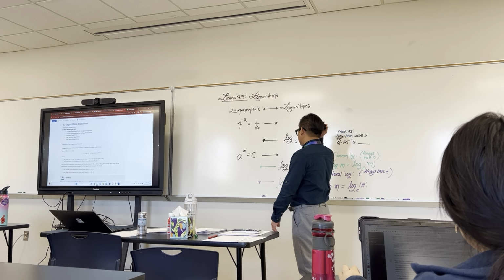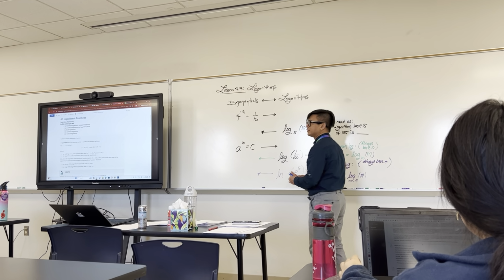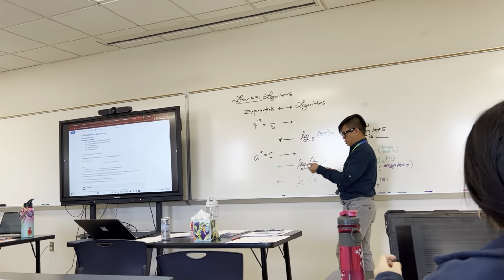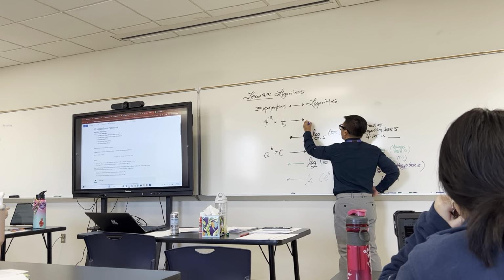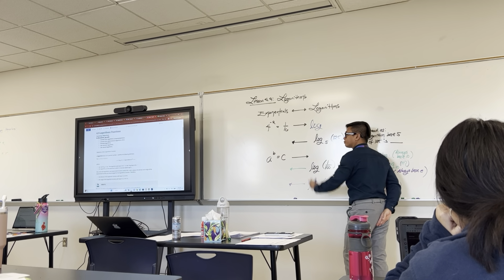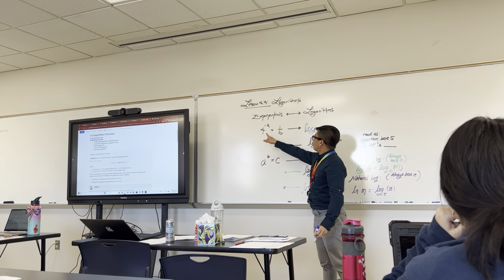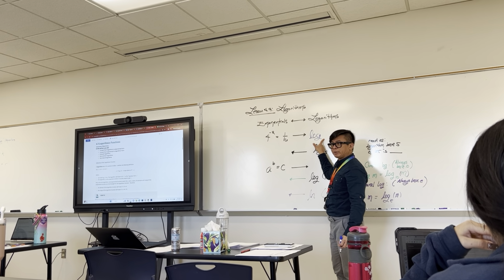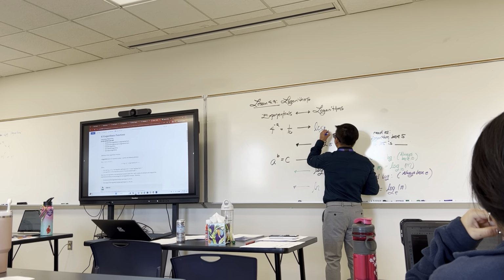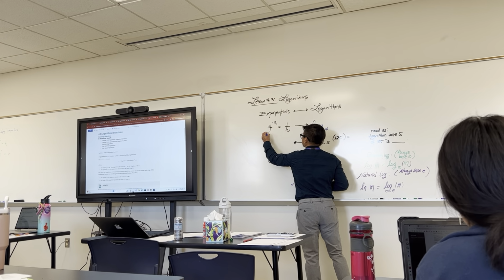So the logarithm for such is as follows. Ready? This can now be written as follows. Logarithm, okay, whatever the base number in here is, that will be the subscript in here. So this logarithm, base 4, that is your base.